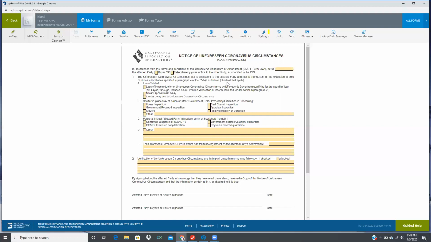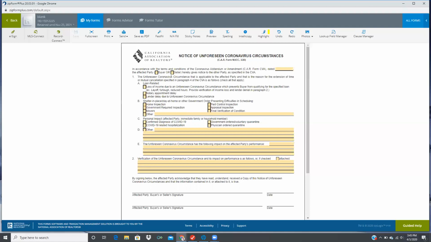This is only to use if you have the CVA in place, as it says up here, in accordance with the terms and conditions of the coronavirus addendum or amendment. So basically this is referring to the CVA. So if you don't have the CVA in place, then you cannot use this to cancel a deal or extend time.